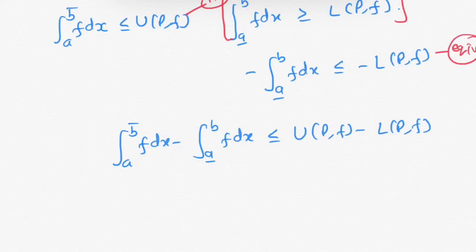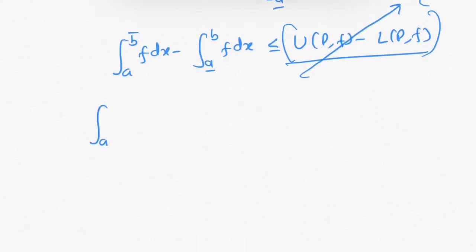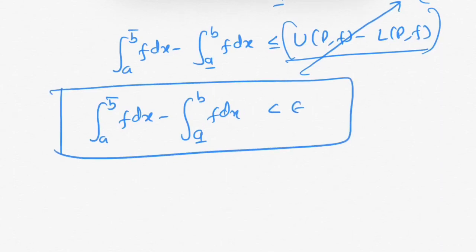Now this term is less than epsilon. So replacing this term with epsilon, we have upper Riemann integral minus lower Riemann integral less than epsilon. Now the choice of epsilon is up to us. We can make epsilon as small as possible.